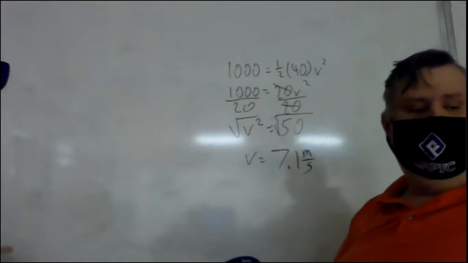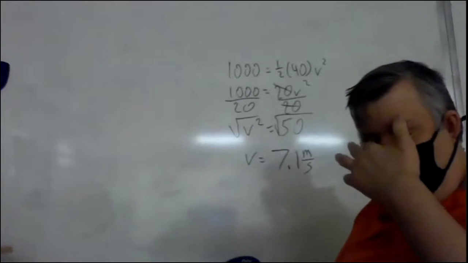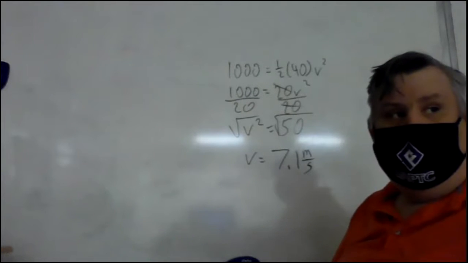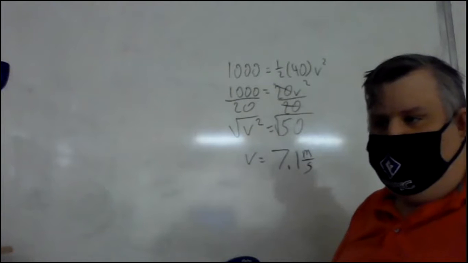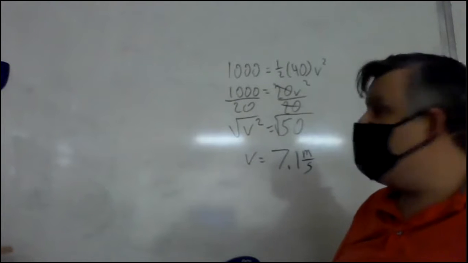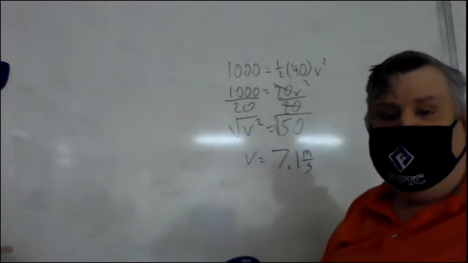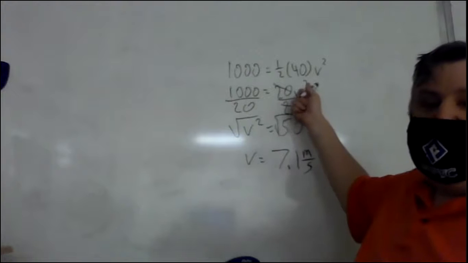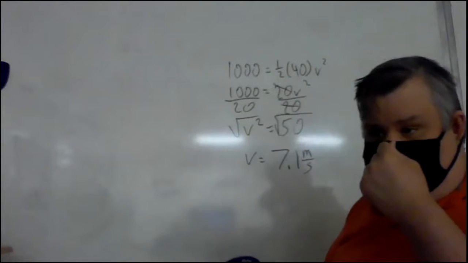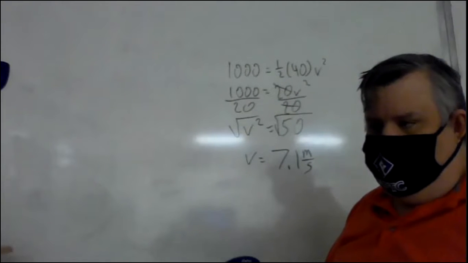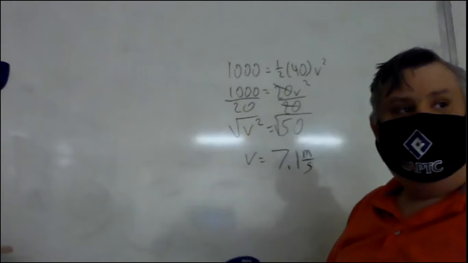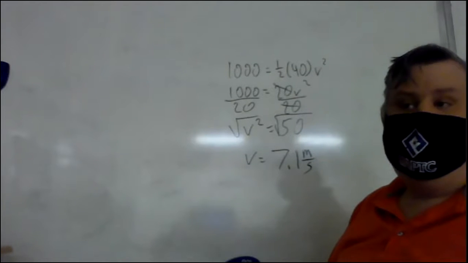This is really the hardest one that we'll have, I think, for this whole section. Because you have to remember that since you have v squared and you want to solve for v, you're going to need to take the square root at some point. And I've seen a whole bunch of attempts to do this without the square root, and you just can't do it.